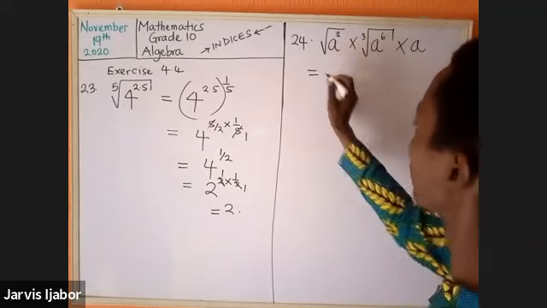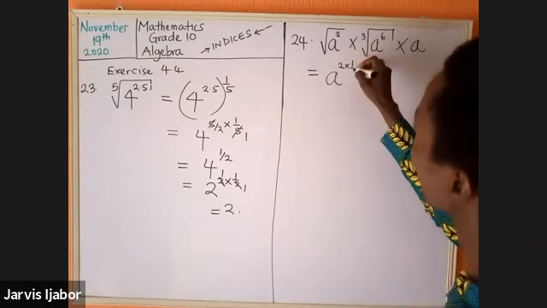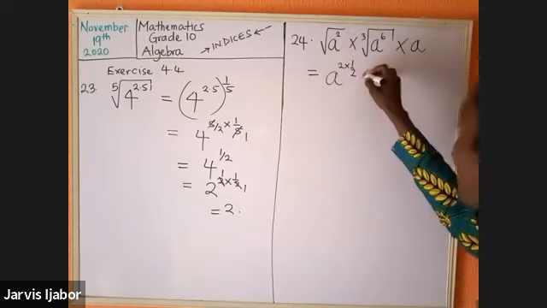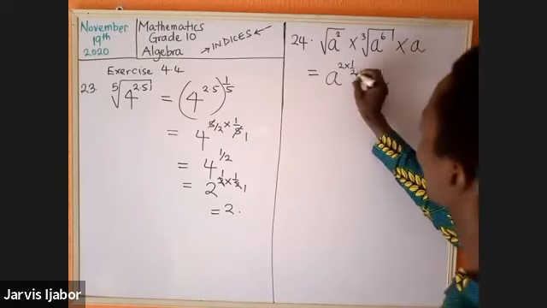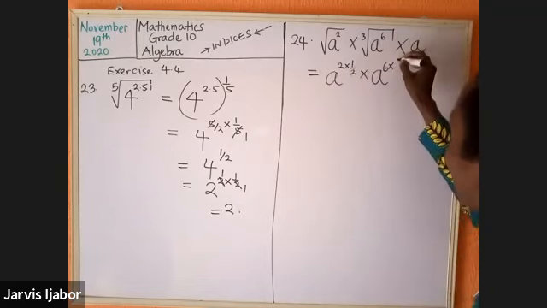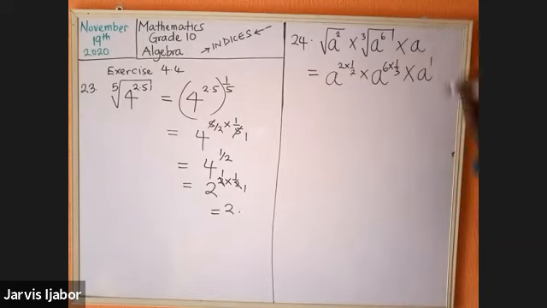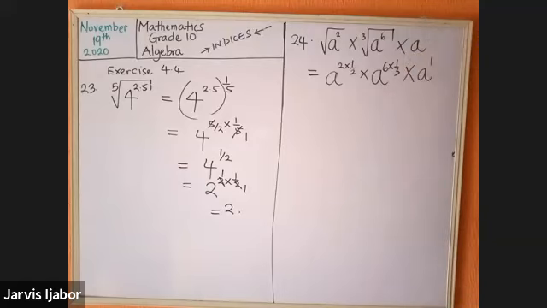So this will be equal to a to the power of 2 times 1 over 2 because of the square root. This will be times a to the power of 6 times 1 over 3 times a to the power of 1.